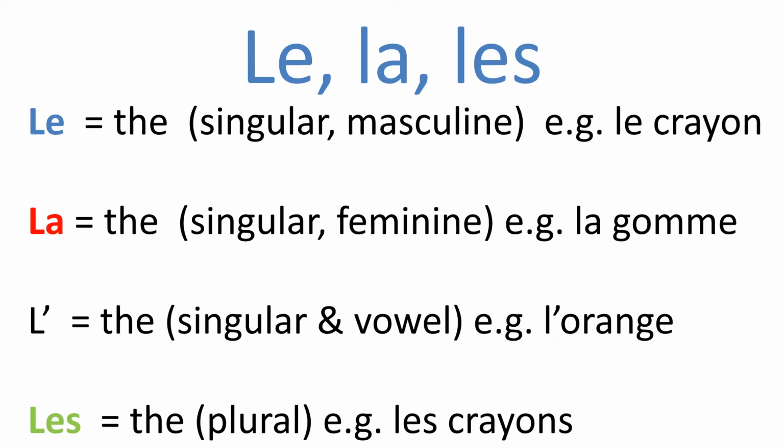When the noun starts with a vowel, you use the L apostrophe, so you can join that up. And les, the plural. Par exemple, les crayons. So the masculine singular, le crayon, the pencil. La gomme, the rubber. Et l'apostrophe avec une voyelle, l'orange. Les crayons.